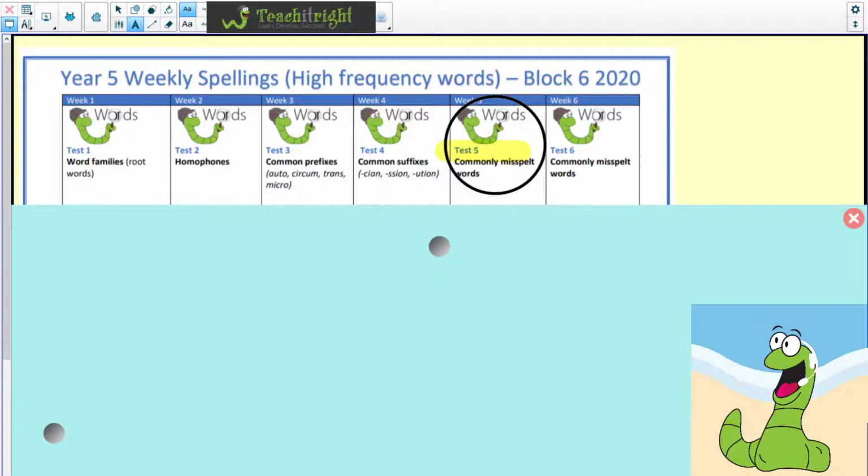Number 6, write the word argument, argument. Number 7, I'd like you to write the word assessment, assessment. Number 8, write the word atmosphere, atmosphere.